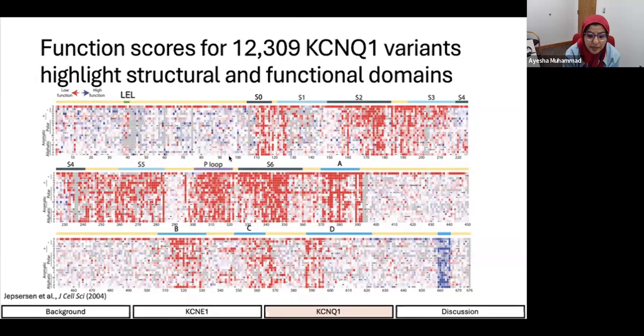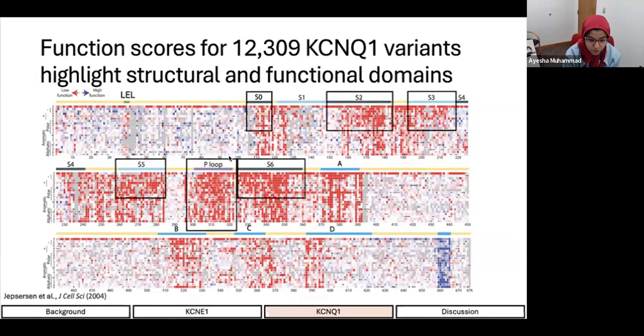This heat map demonstrates important structural domains, and you can see that a lot of the structural domains that end up forming the transmembrane helices are actually resistant to hydrophobic mutation. And then the P loop, which is the pore sensing domain, is resistant to mutation in general.